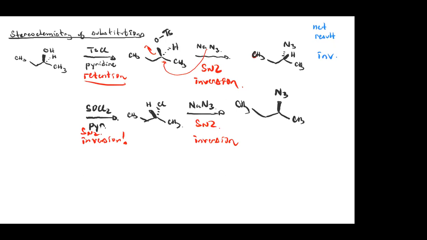I'm not going to go through it, but I'd encourage you to think about the triphenylphosphine dibromide reaction and then displacement. What ultimately happens when you do that second displacement? What's the stereochemical outcome there?